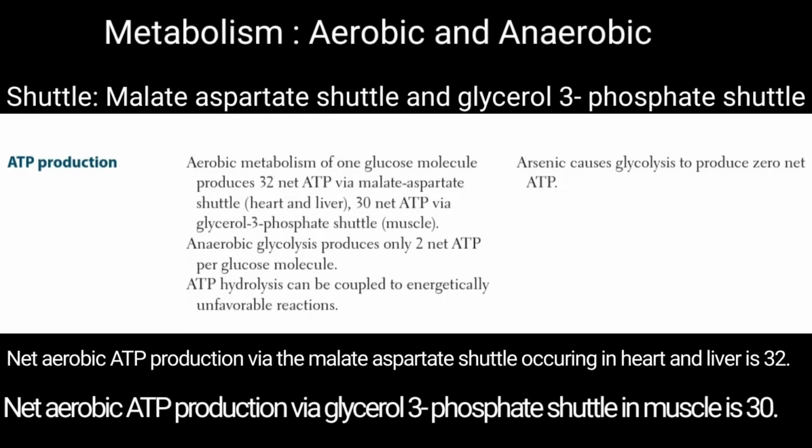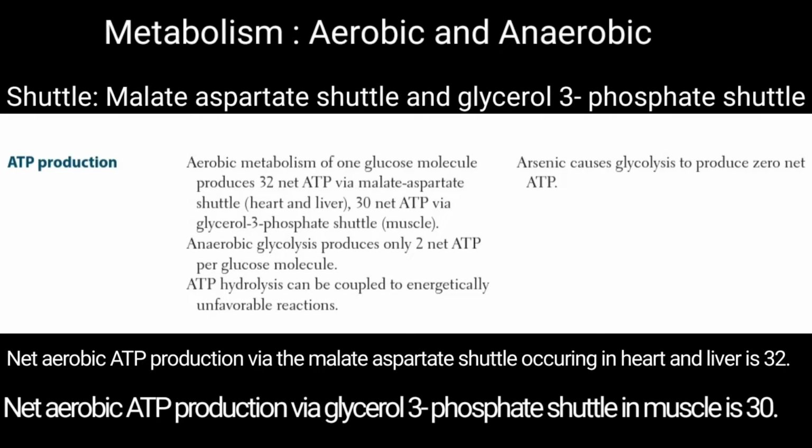Whereas in the muscles, the metabolism of glucose occurs via the glycerol 3 phosphate shuttle, which produces 30 net ATP.